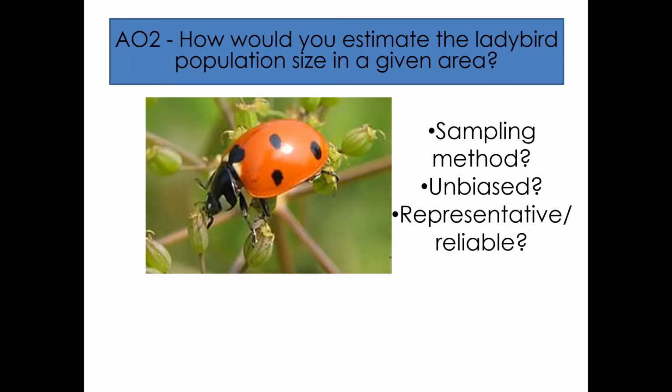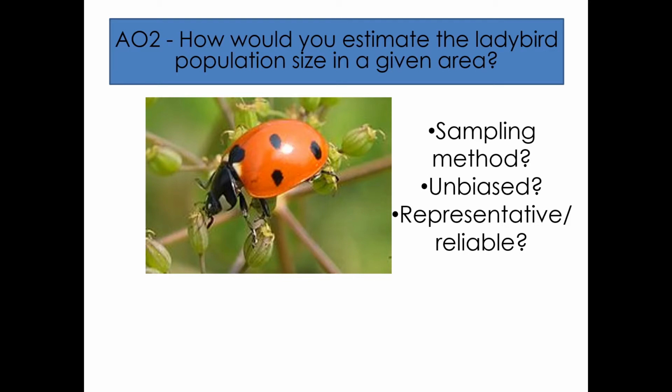But we also now need to be able to apply it. So what I'd like you to think about now is applying this method. How would you estimate the ladybird population size in a given area? I want you to think about the sampling method, which we've just introduced. How would you describe that to the examiner? How would you make it specific to ladybirds?